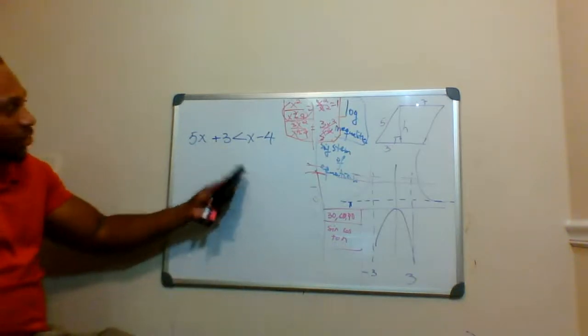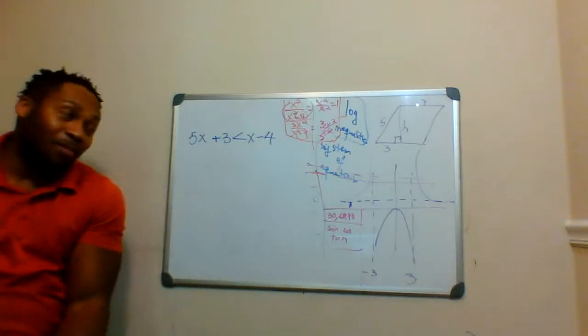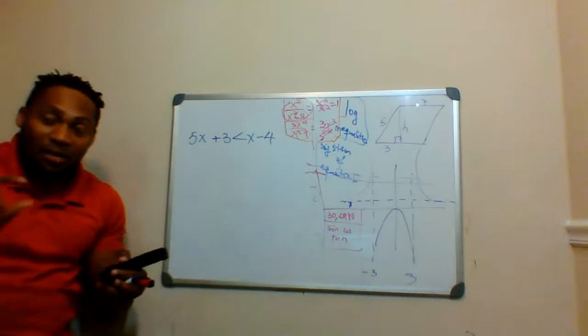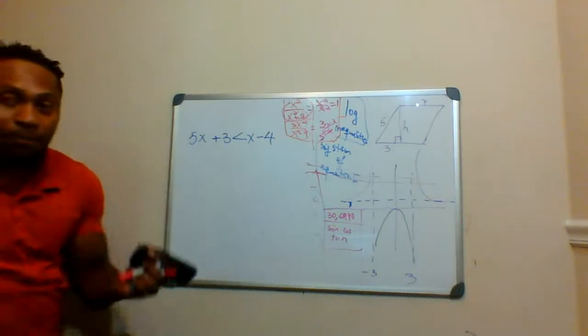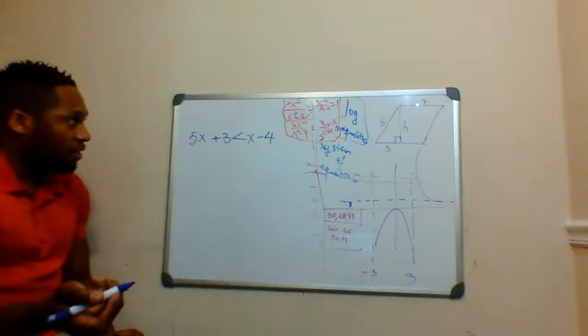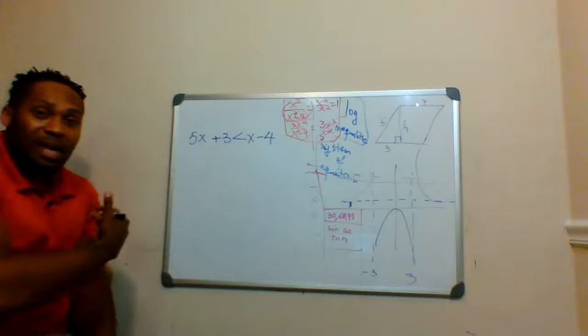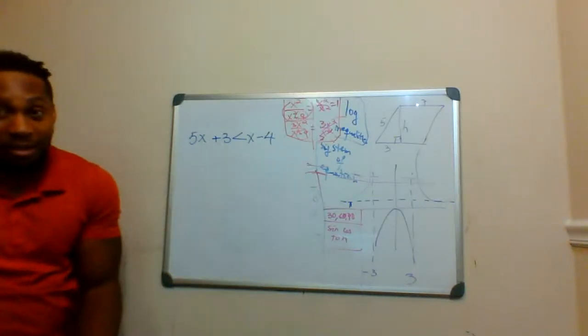Inequality and equality are basically almost the same thing up until the point you get to the end. That's when you have to say, do I need to flip the sign, or leave the sign the way it is? When you solve this, you try to get everything that has x on one side and everything that doesn't have x on the other side.